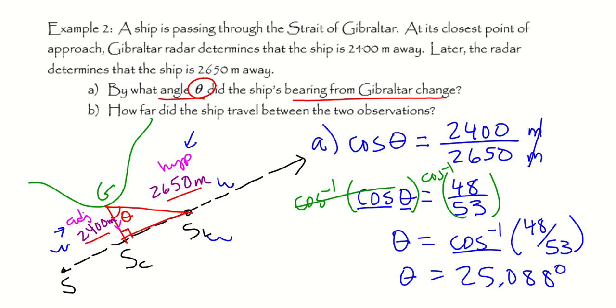B says, how far did the ship travel between the two observations? So that's asking me to find this distance right here. Well, how can I find that? These are the legs of a right triangle. When all I have is the legs of a right triangle, I can use Pythagorean's theorem.